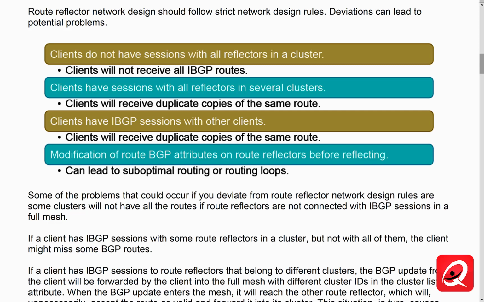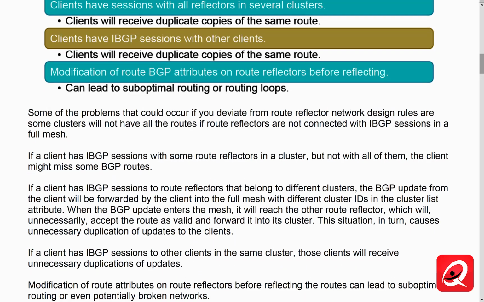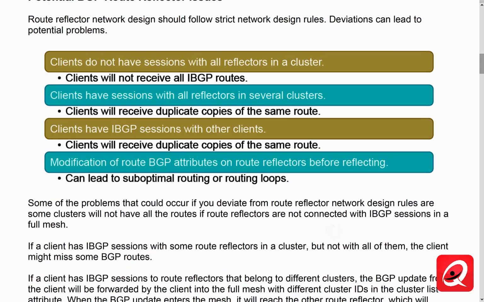We may not receive all of the iBGP routes because, again, I don't have a relationship with the other iBGP speakers in the topology. I only have a relationship with the route reflector. So if I don't have a relationship with a particular route reflector, any routes that are being sent to that route reflector obviously are not going to be learned by me as a client.